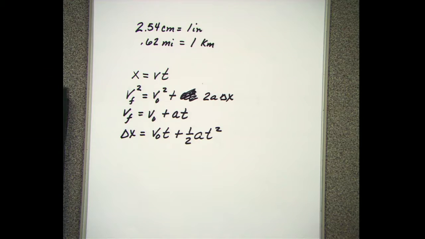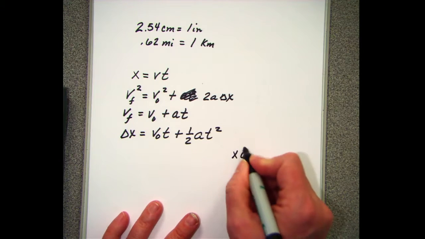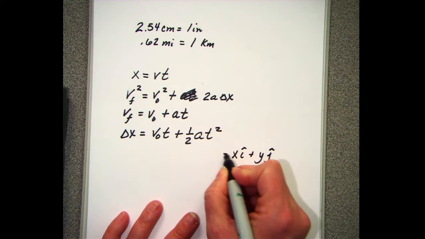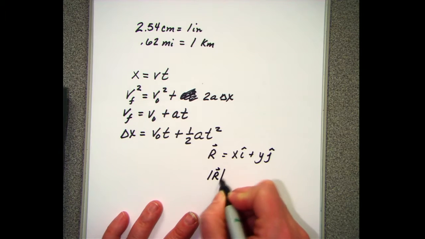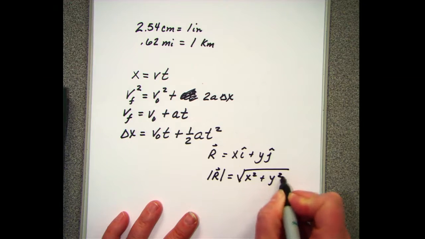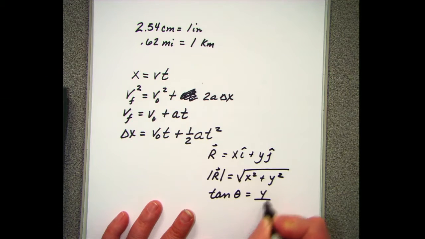I might put some things like, if I have xi plus yj, and this is my r vector, and I want the magnitude of r, I'm going to probably have the square root of x squared plus y squared, and I'm going to have the tangent of the angle is equal to y over x.